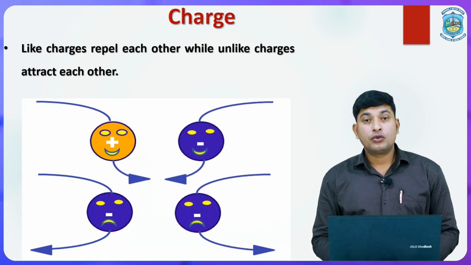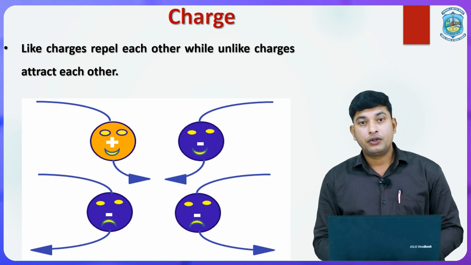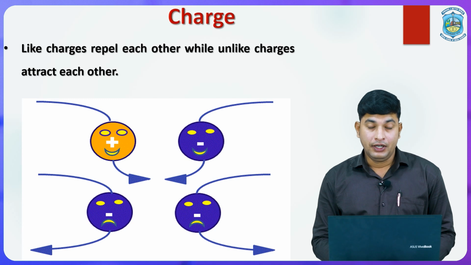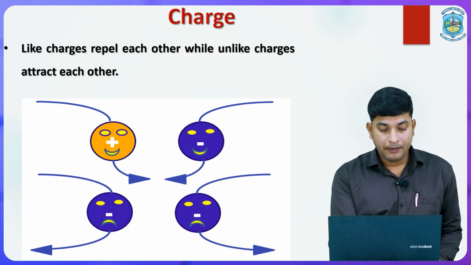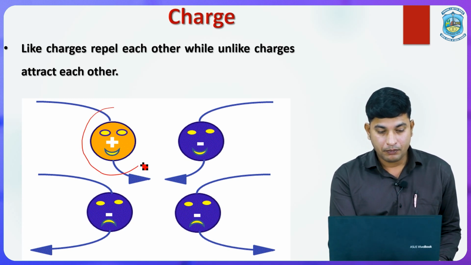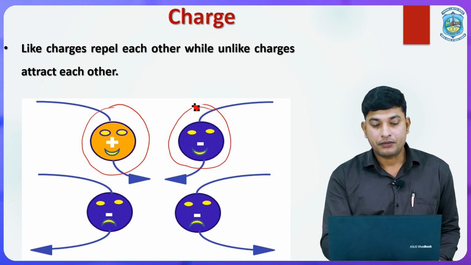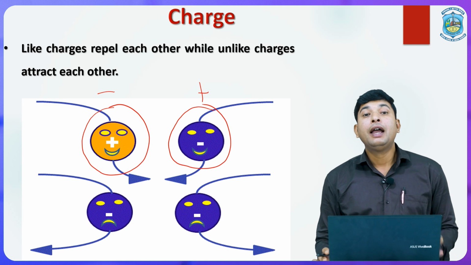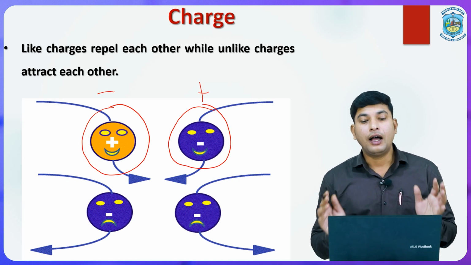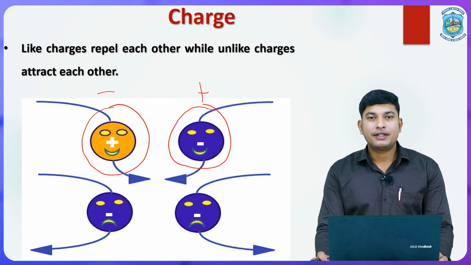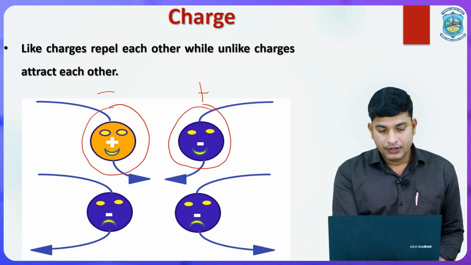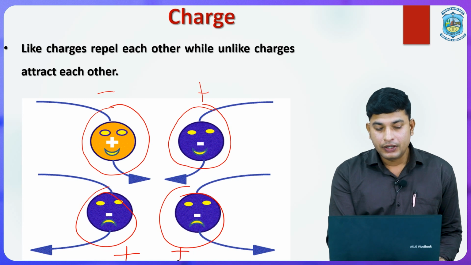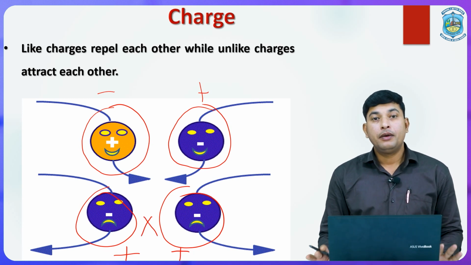Also, an important property just before going to Coulomb's law is the behavior of these materials once they get charged. Once they have opposite charges, meaning one is positive and the other negative, or vice versa, they will attract each other. So unlike charges attract each other, while like charges, negative and negative or positive and positive, will repel each other.